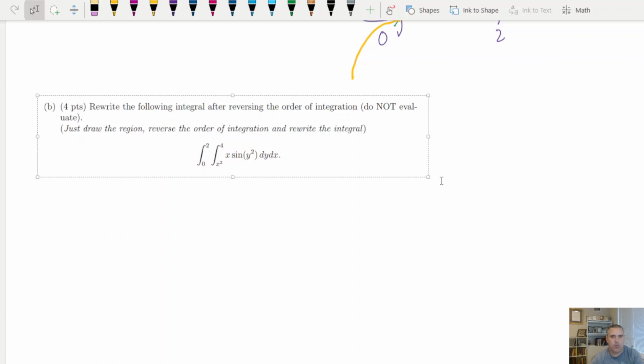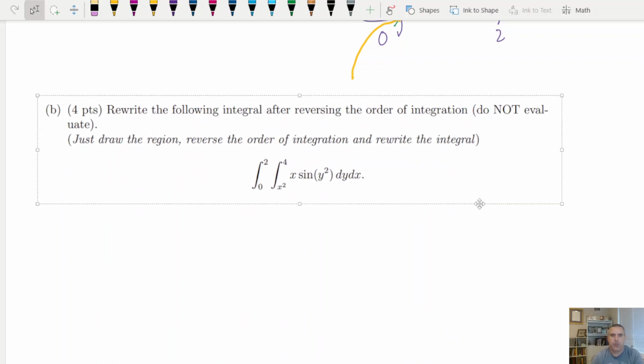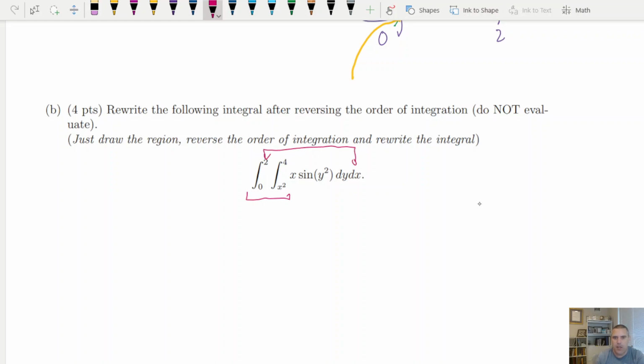So let's look at another one from one of my old exams. So it says, just draw the region and reverse the order. So the tick marks are x equals 0 to 2. Oh, that just happens to be the same as the last one. So you go 0, you go 2. Then you draw the parabola, y equals x squared. Success. And then you draw y equals 4.